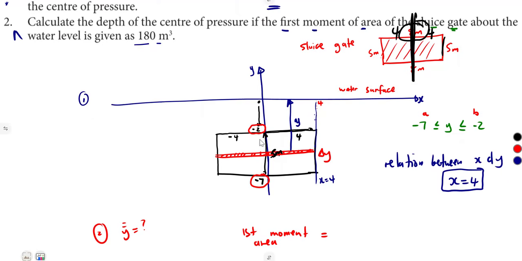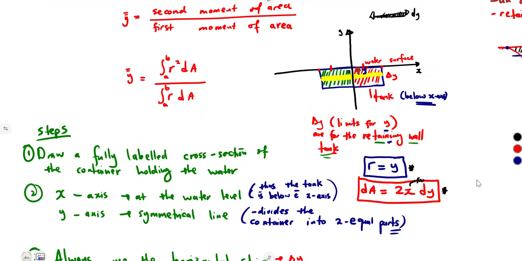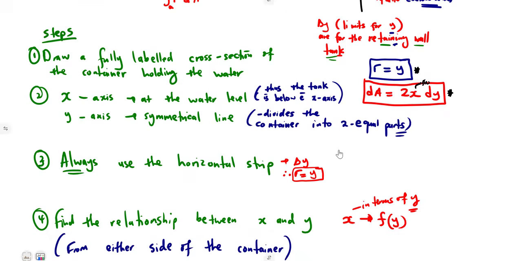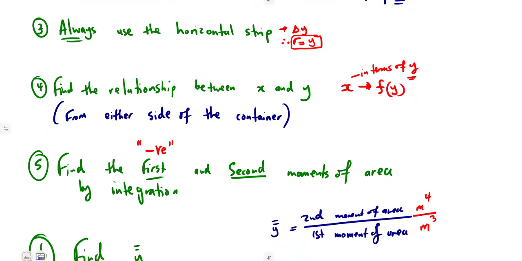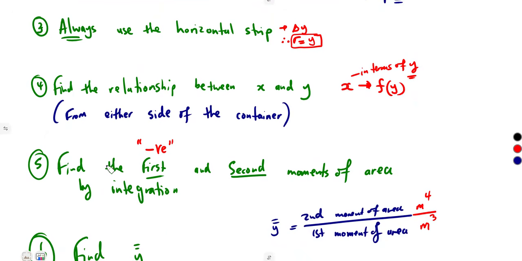Remember when I was saying for a diagram that is like this, where the tank is below the water surface, below the x-axis, our first moment of area, when we calculate it, must be a negative value.